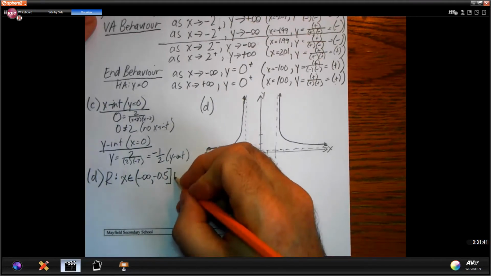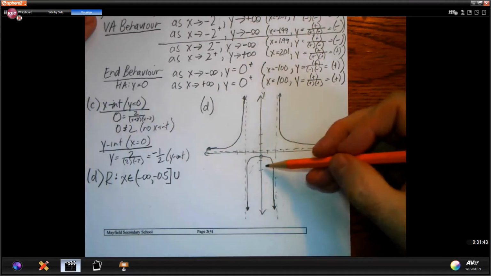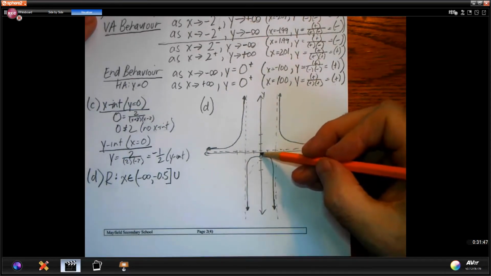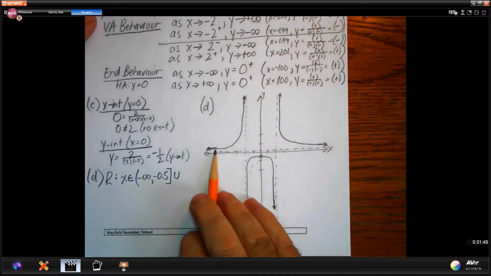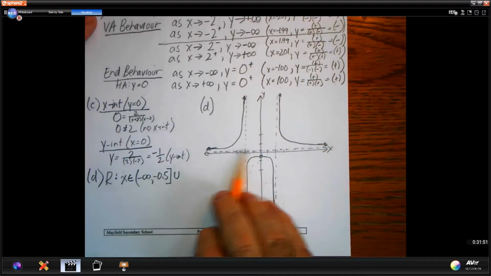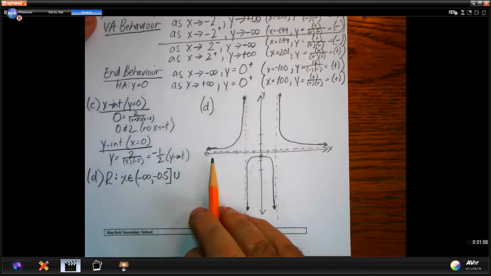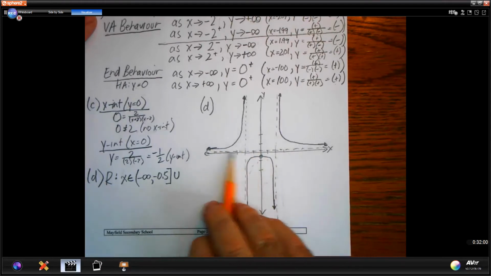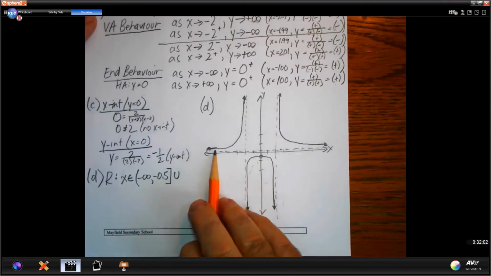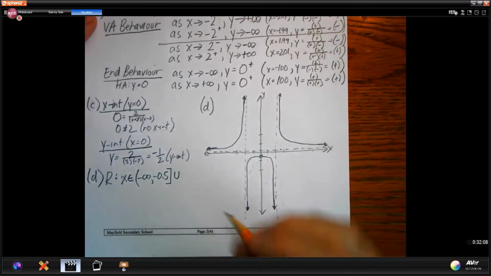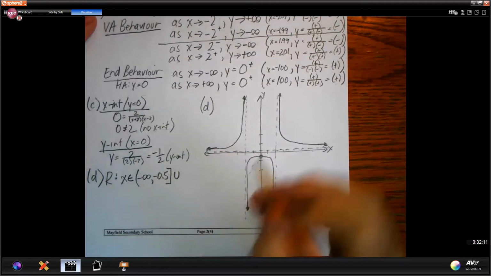And now for the second region, as I keep going north, you can see between negative 1/2 and 0, well, that's not part of the range. But as soon as I get above the asymptote, everything above 0 will be included in the range, because this asymptote y equals 0 tells you that every value above the asymptote, above 0, is part of the range. But not 0 itself.